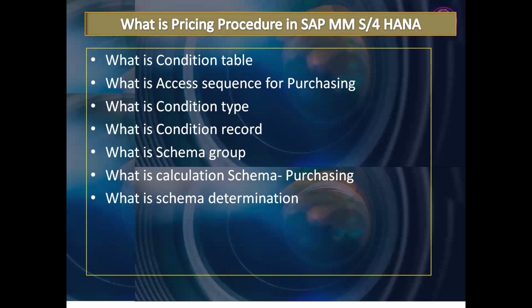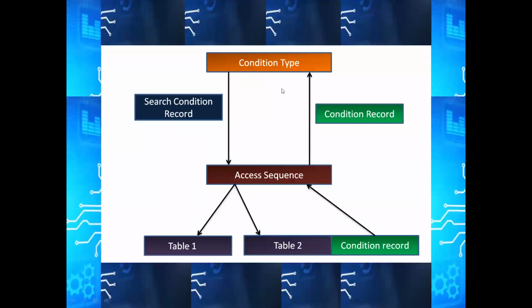In general, when we talk about the concept of condition type, here you can see how the condition type and access sequence work. What is the role of condition type here? The condition type first starts searching for the condition record. From where does it search? From the access sequence.